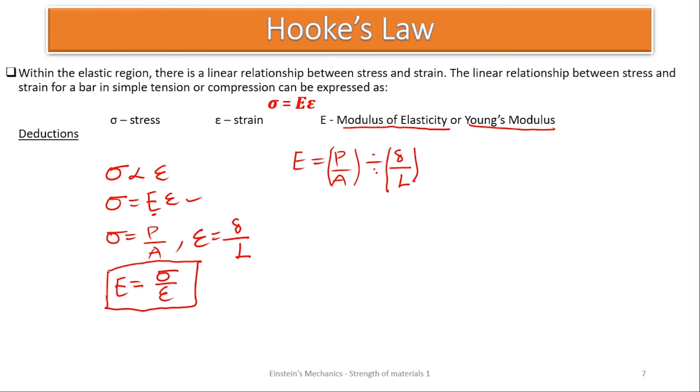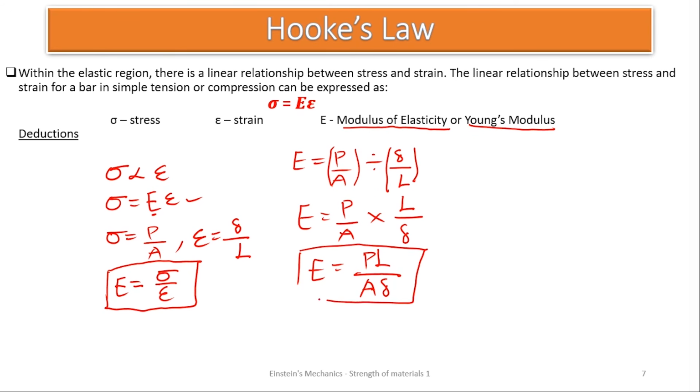From the law of what? Division, I can change this to multiplication and reciprocate this one. I'm getting E to be P on A, force on area, times length on elongation. Therefore, Young modulus can be calculated as the force times the original length over area times elongation. This is a second formula we deduce from Hooke's law.